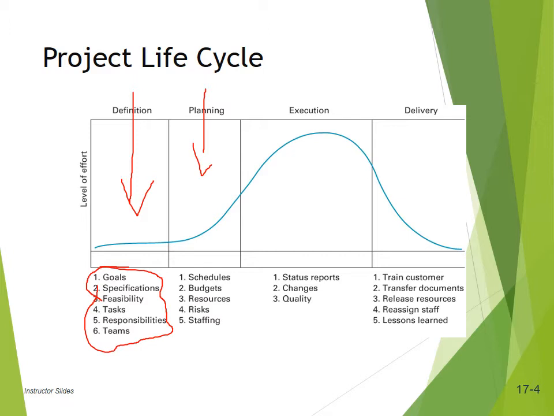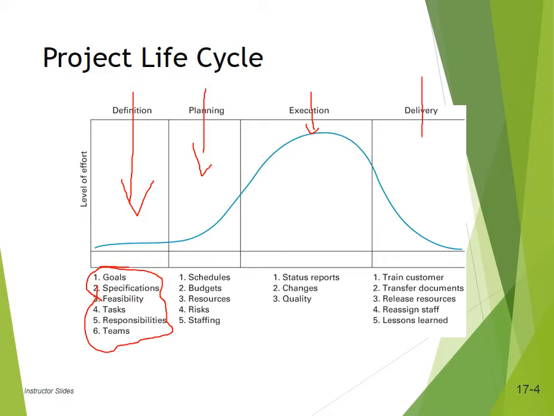Next, we move on to the execution. When the project is actually executed, the software development or the building construction takes place. So that's the execution phase. And from there, after the building is constructed, after the construction phase is over, it is delivered to the people or the owner.